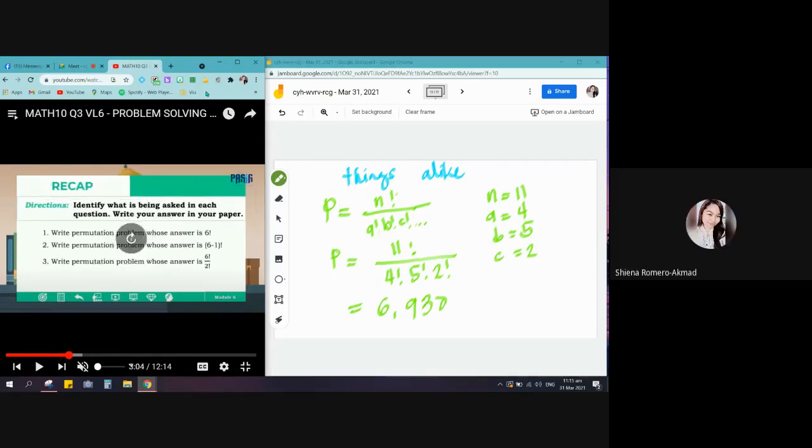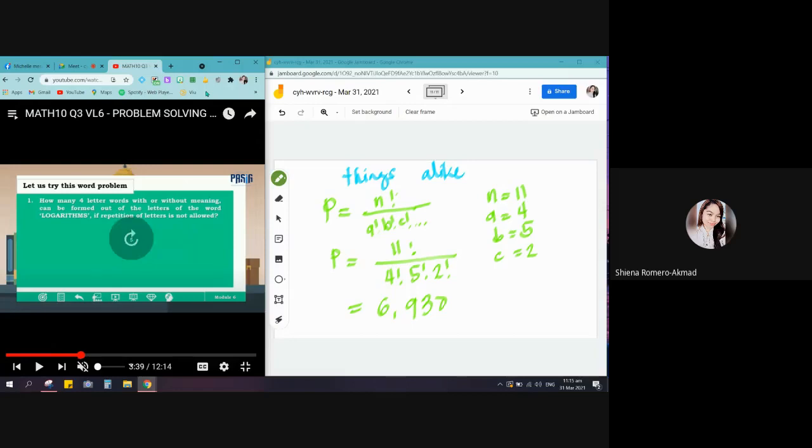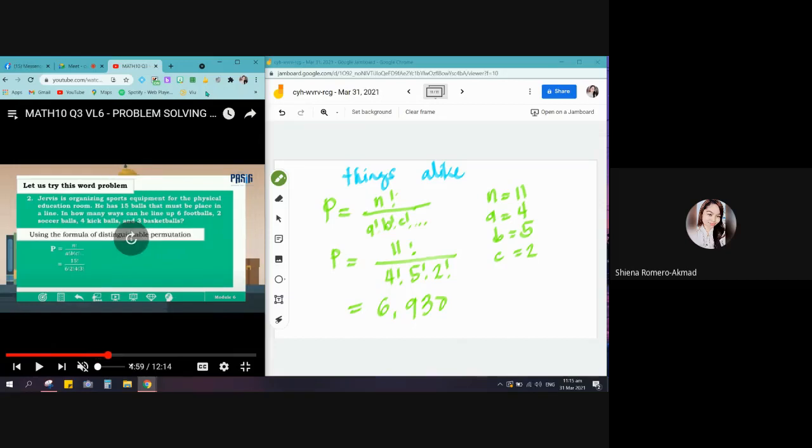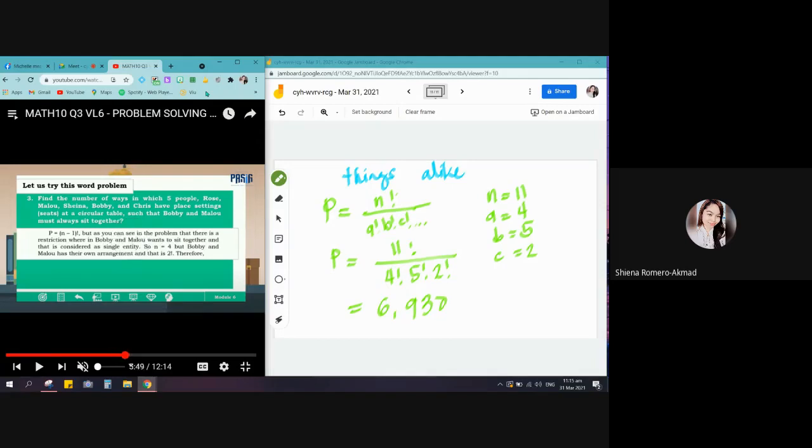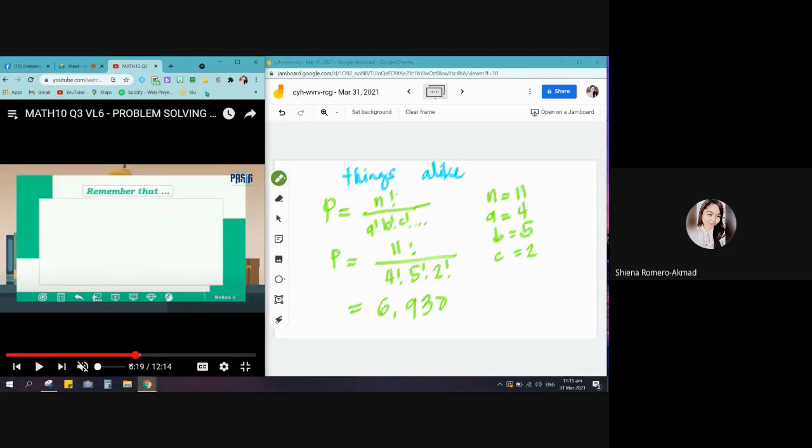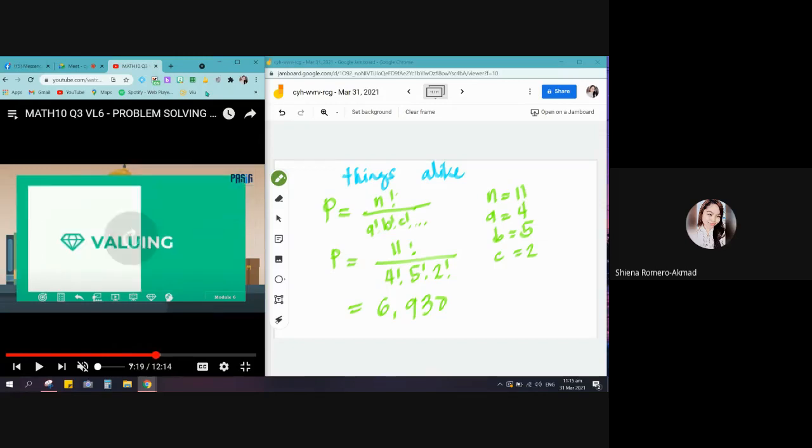Tingnan natin yung ibang problem. Ito, alam niyo na yan. Kasi 15 minutes na tayong lampas sa oras. Ito, na-discuss ko na to yung mas sit together. Merong isa.